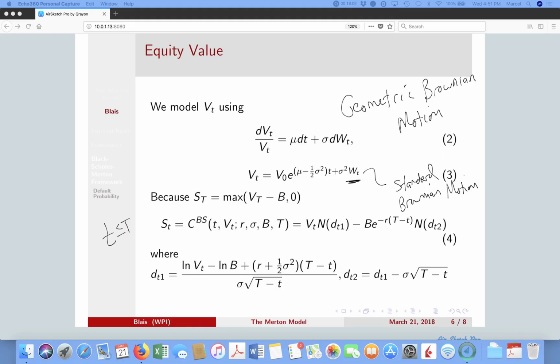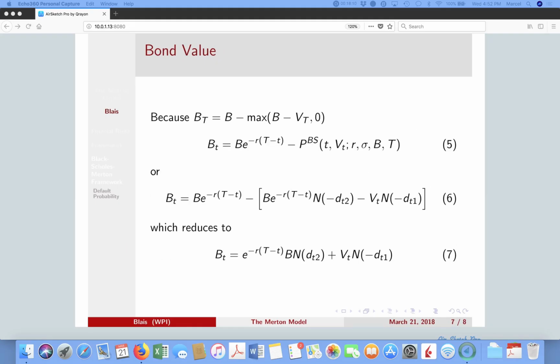Now we can also talk about the bondholder value. So the bond value at maturity was given by this payoff that we looked at on a previous slide. Well, since this maximum is the payoff of a put, we again use the fact that we have an analytic formula for the put option price.